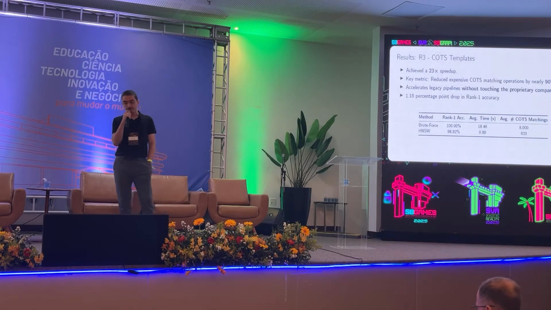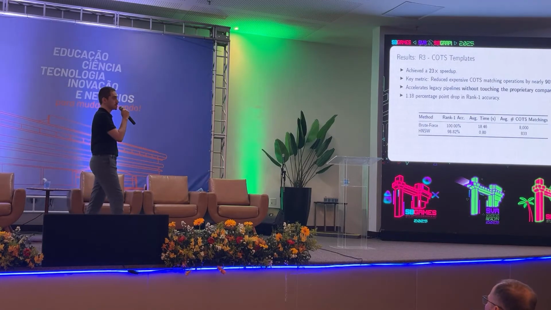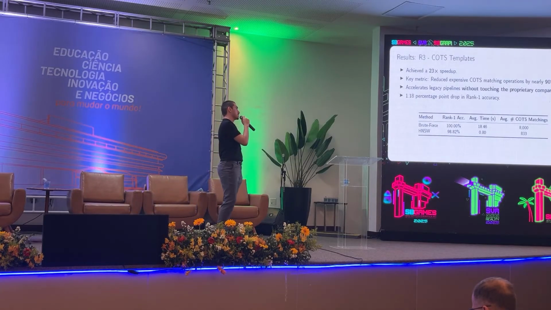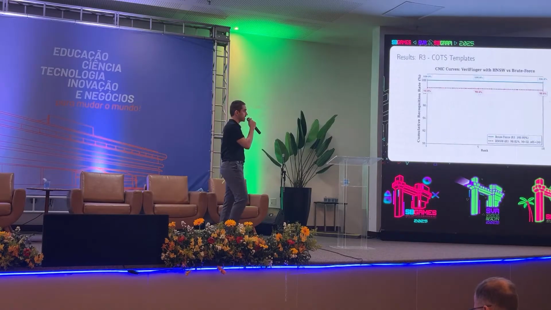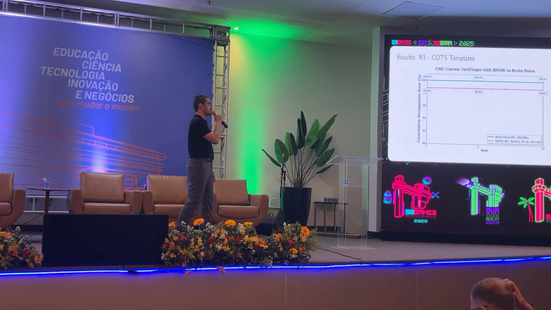So what can we achieve with this? We can accelerate legacy pipelines without touching the proprietary comparator. And we have only a 1.18 percentage point drop in rank 1 accuracy. We have a flat line here because at rank 1, the software actually achieves 100% accuracy.